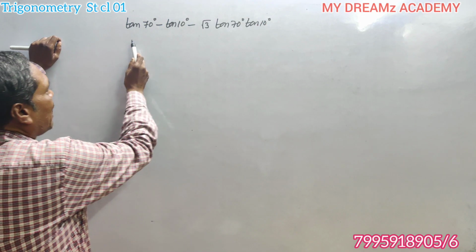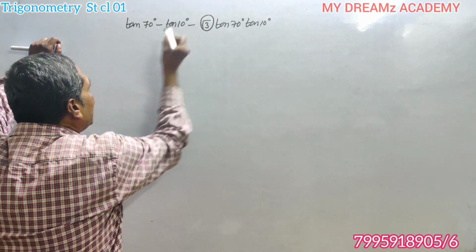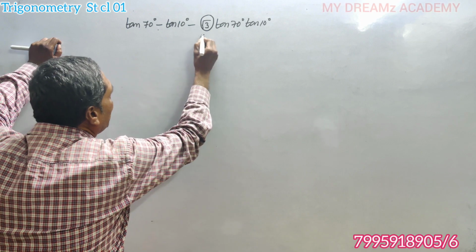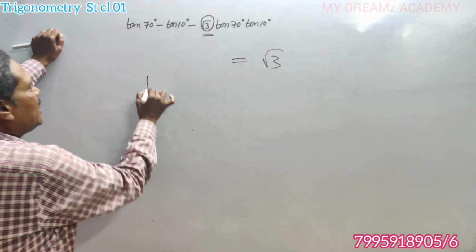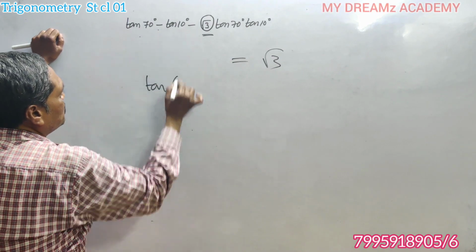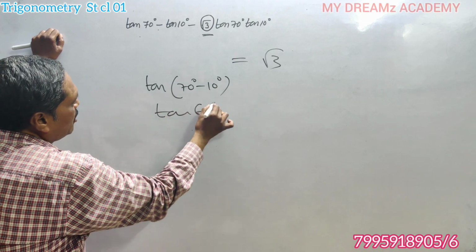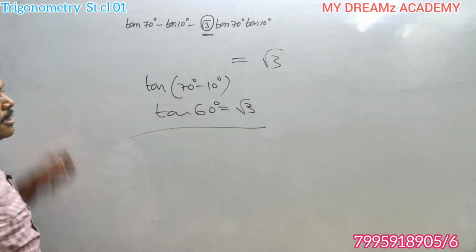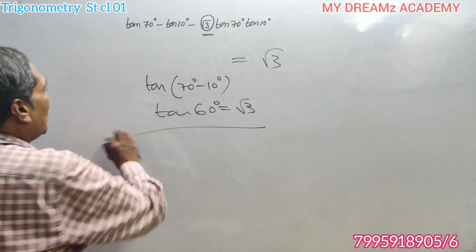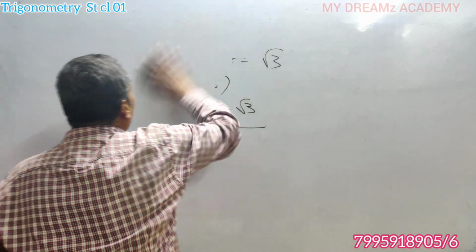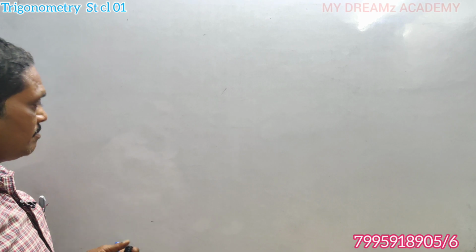Tan A minus tan B, suppose here minus is there, leave this minus, the remaining is the answer. What is the answer? Root 3. Or simply tan of (A minus B), 70 minus 10. What is this? Tan 60. What is the value of tan 60? Root 3. This is the method you can apply. Okay. This is the shortcut. You can solve this type of problems within maximum 5 seconds, not more than that.